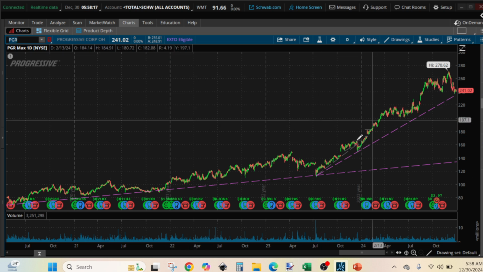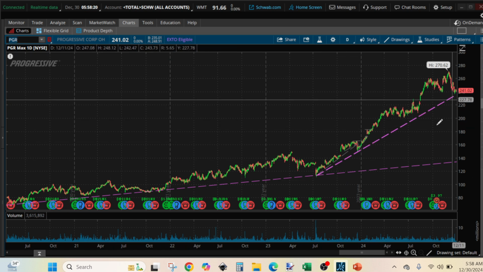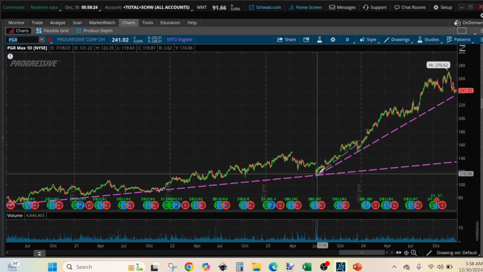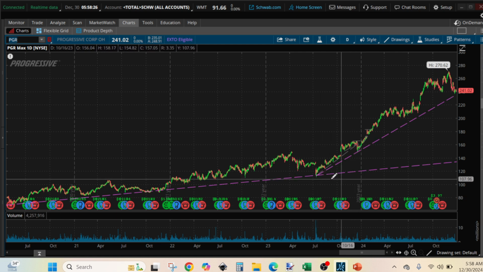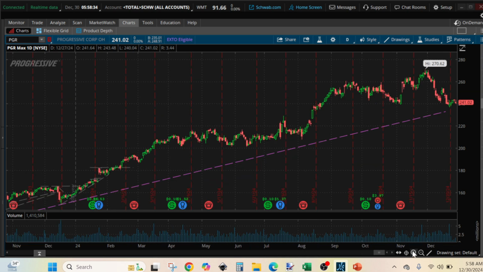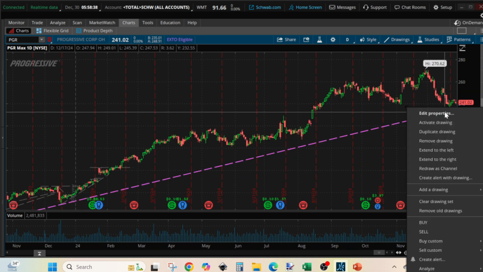Okay, so there is this line and there is this one, and this is pretty much a 1.5 year type of trend line, so it is close to it. Let's extend this line here.